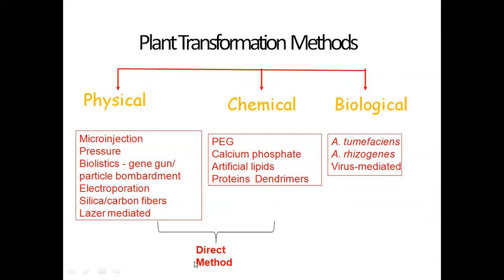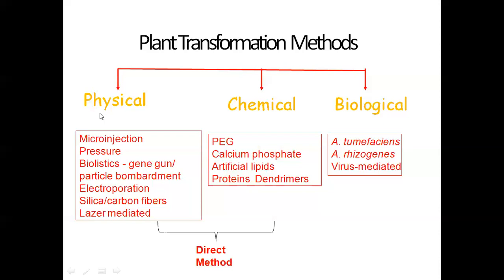Direct method includes the physical and chemical methods. And the biological method, using Agrobacterium species, is called the indirect method. So plant transformation methods are physical, chemical, and biological, right?